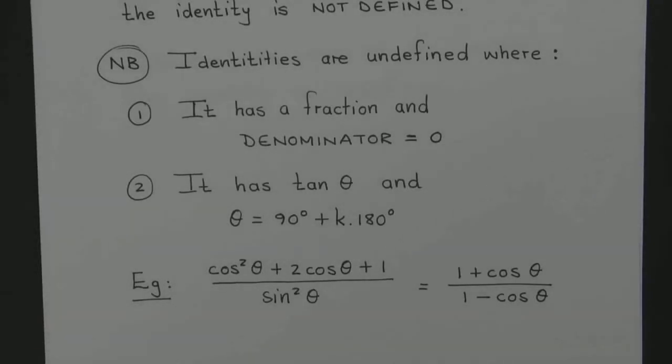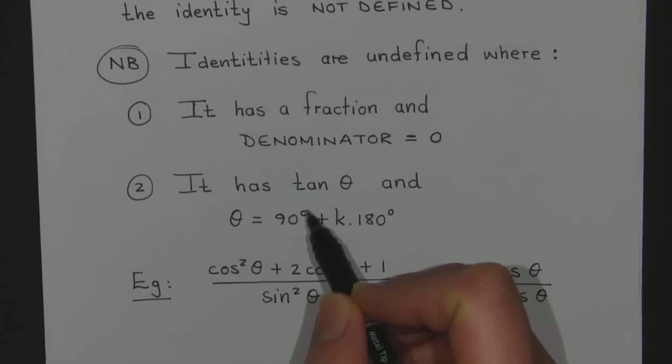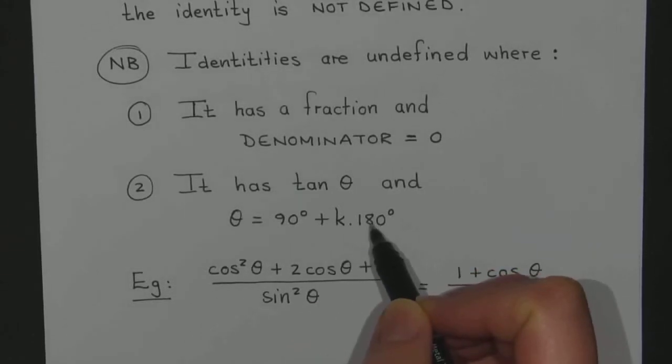An asymptote is a place where something is undefined, where it can't go. It's like an electric fence. Don't touch it. Got it? So the tan function at certain points is undefined. And specifically, it's undefined for 90 degrees plus k times 180.